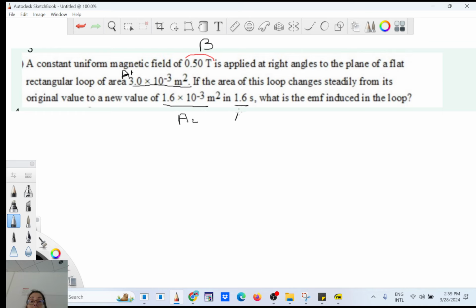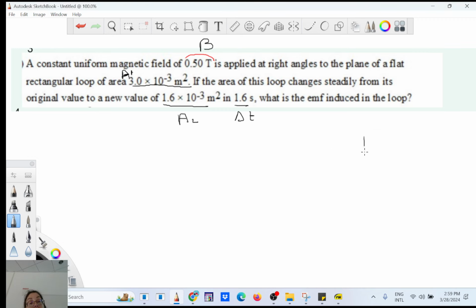And that will be delta T. Okay, take your time to do it, okay?